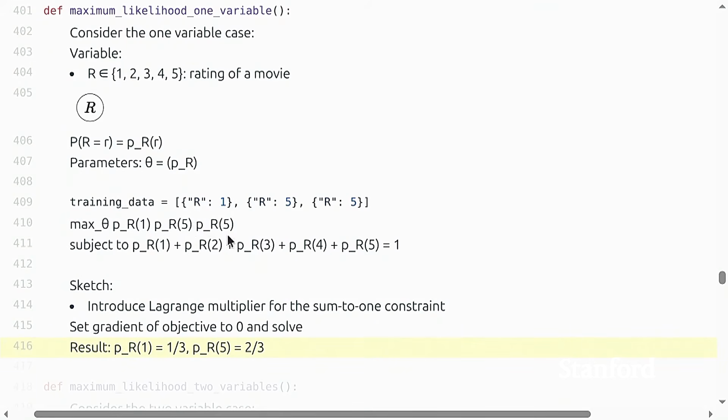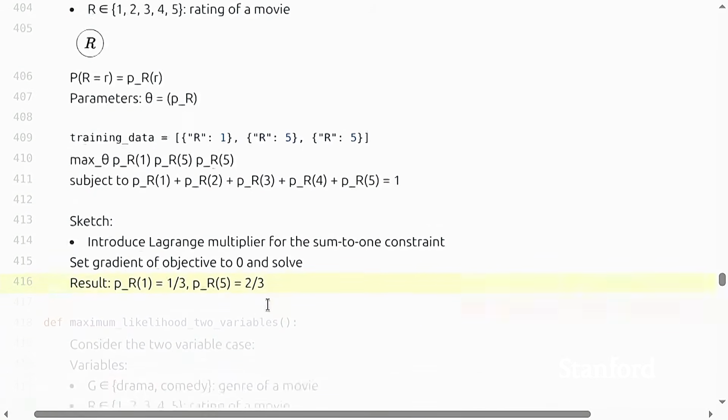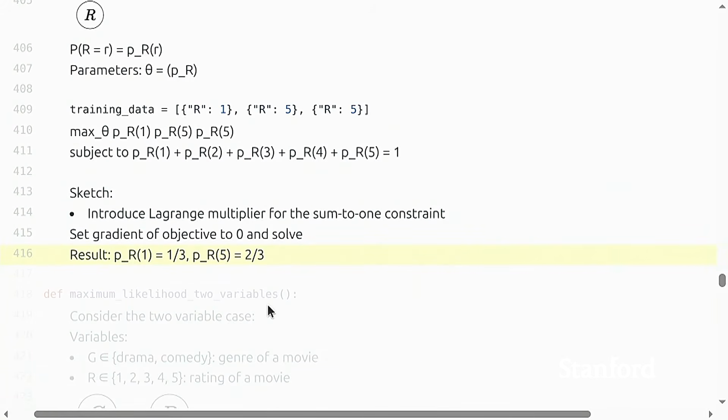You didn't see 4, so probability of 4 can be just 0. You don't want to waste probability mass. But you see 1 twice, so you probably want to place more probability on it. That was a little bit of sketchy intuition, but if you do the math, it works out.